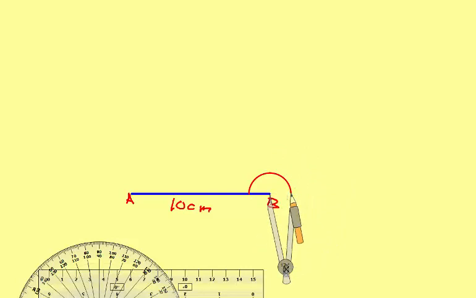So that's our semicircle. Then you want angle 90. So what I'll do now is to construct my 60, that is if possible, with the same radius.